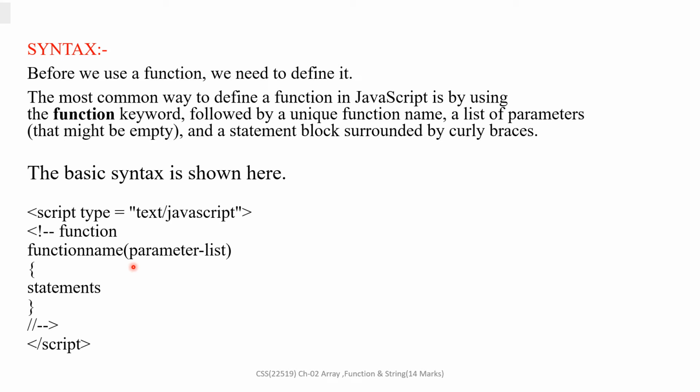A function name can contain letters, digits, underscore and the $ sign, the same rules as for variables. The parentheses may include parameter names separated by commas, like parameter 1, comma, parameter 2, comma, parameter 3, up to parameter n.